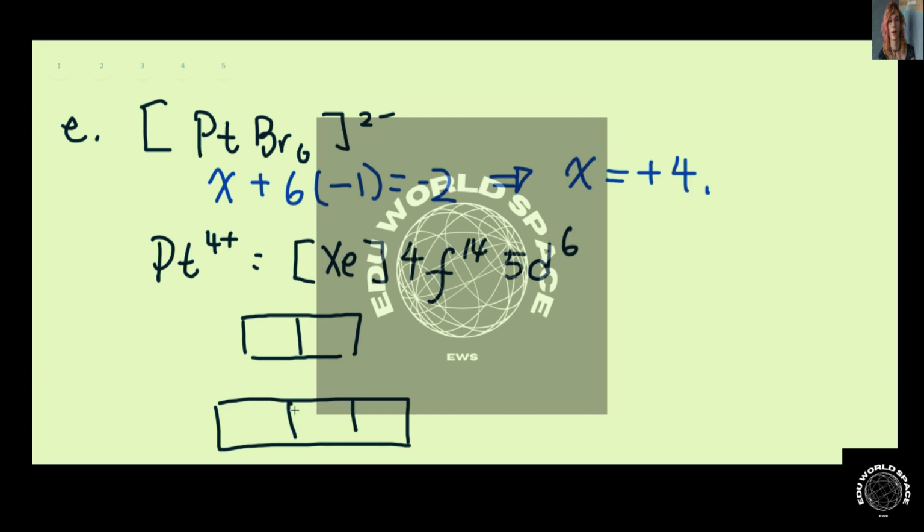So we have 6 electrons, 1, 2, 3, 4, 5, and 6. So this will be the d6 orbital looks like.